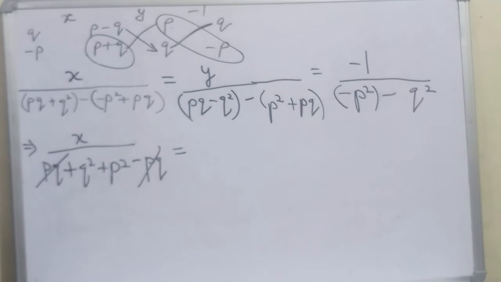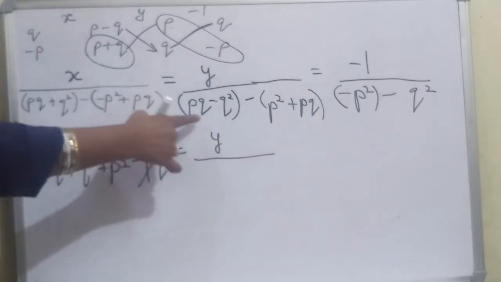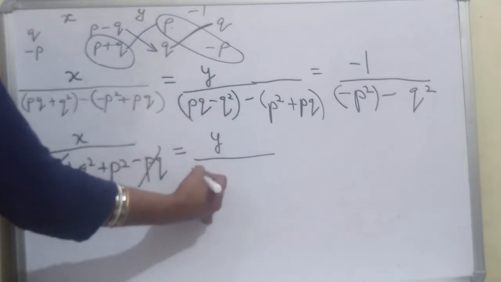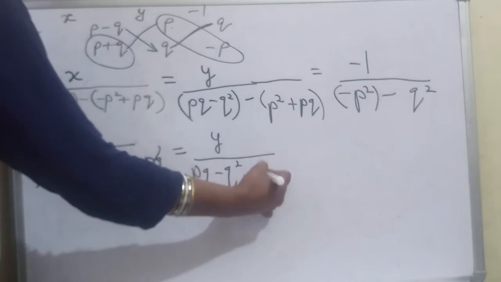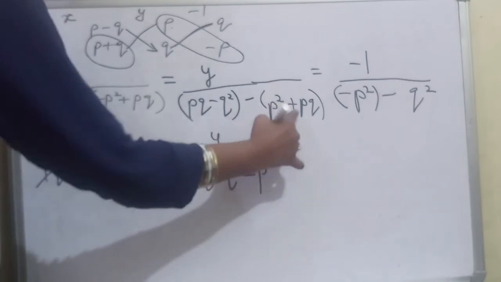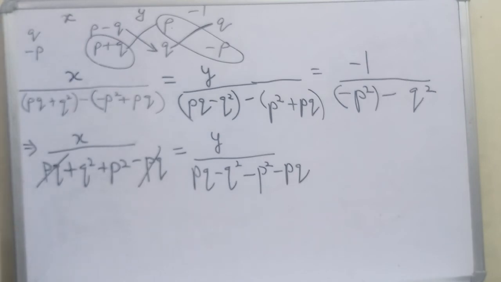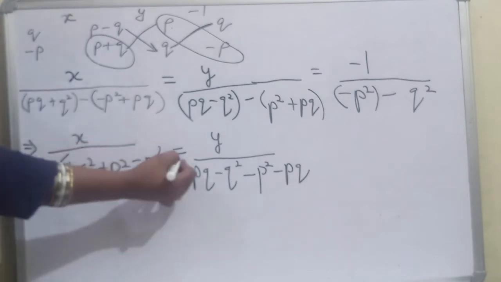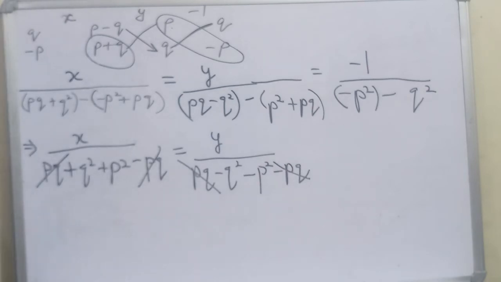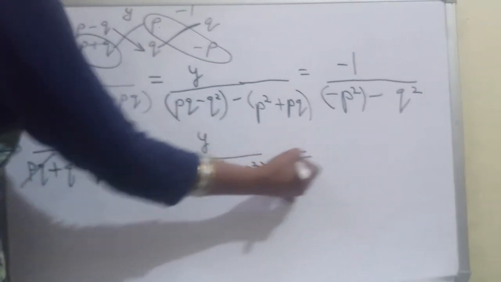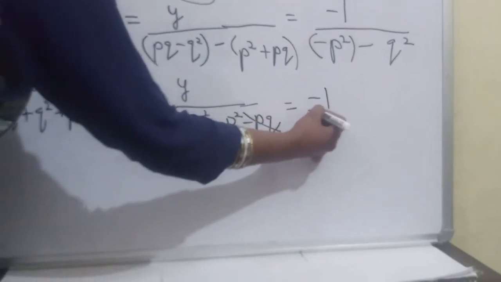They will cancel out each other, and y upon pq minus q square minus p square and minus pq. Here again, can we cancel out any terms? pq, of course, yes, pq and minus pq. And this will equal minus 1 upon.